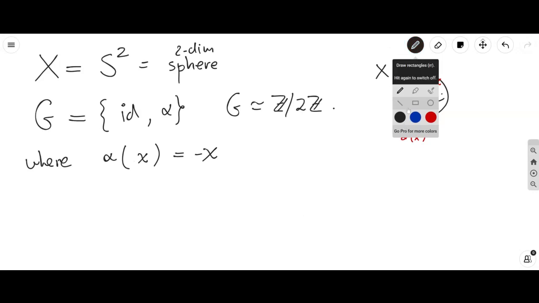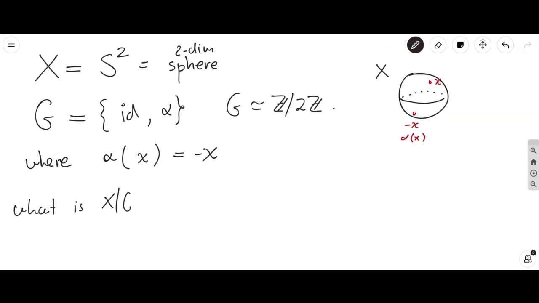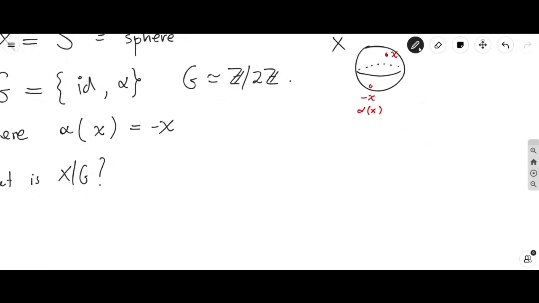So let's describe what is X mod G. Of course, when we say what is X mod G, we're not asking for the definition of the quotient. We're rather asking what is it as something that's more familiar to us. So perhaps you've seen this example before, but when you have your sphere, you have the upper cap and you have the lower cap.